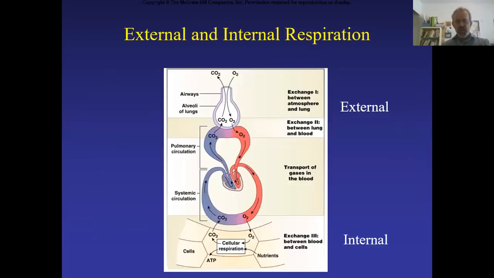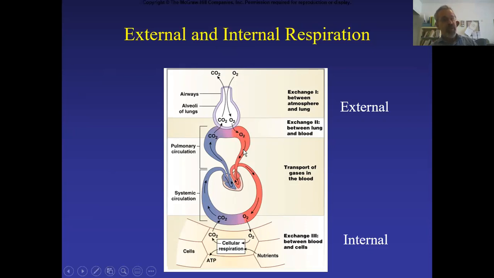All right, so taking a closer look at internal and external respiration, you can see the two different parts of it. Here, pretend this is the outside world, and here is oxygen being brought in. These are structures called alveoli, which we'll soon learn about. From the alveoli, if everything is working properly, oxygen is delivered into the pulmonary circulation.